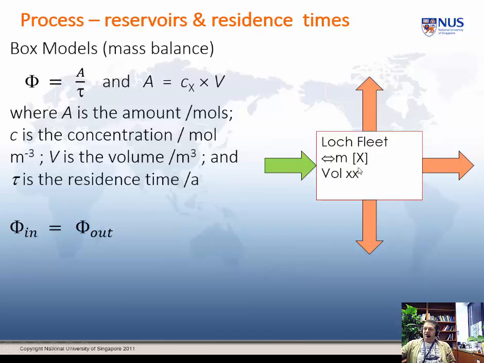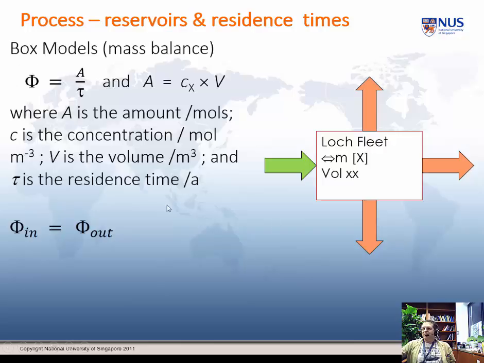What is the water level, or the amount of water in that loch, going to be controlled by? Well, first of all, the sources of water going into that loch, and then evaporation from the loch, maybe streams leaving the loch, and maybe infiltration from the loch into groundwater. So using this type of logic is called using box models and mass balance.